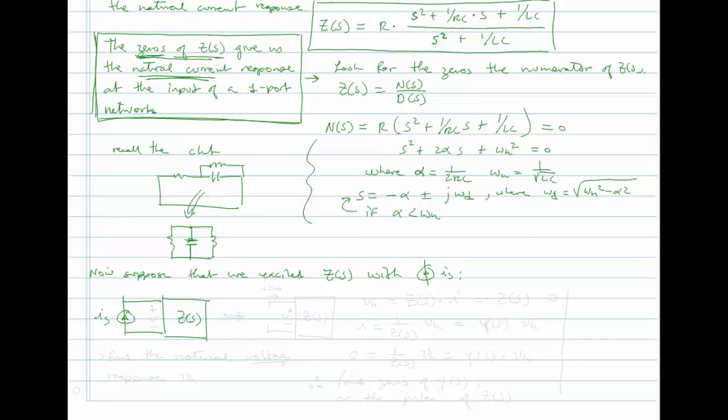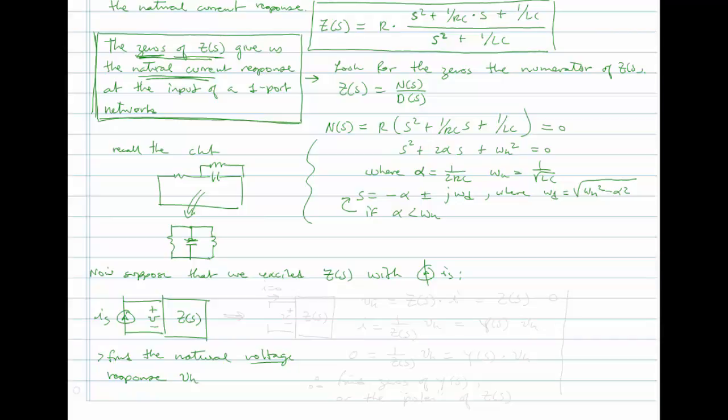So let's try a current source. The response now is this voltage across the input. And we want to find the natural voltage response. Okay, not current response like before. Natural voltage response, V of H.